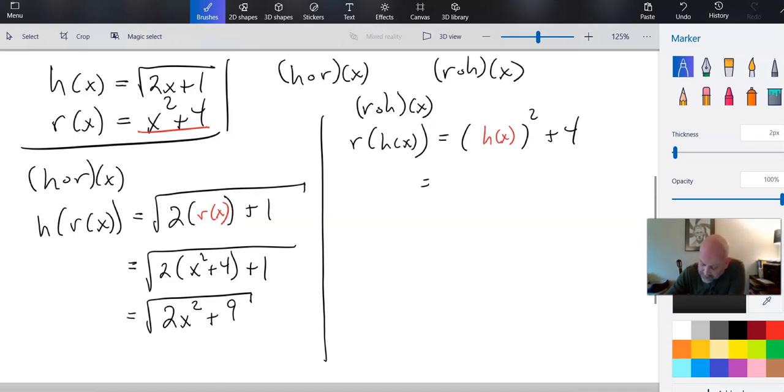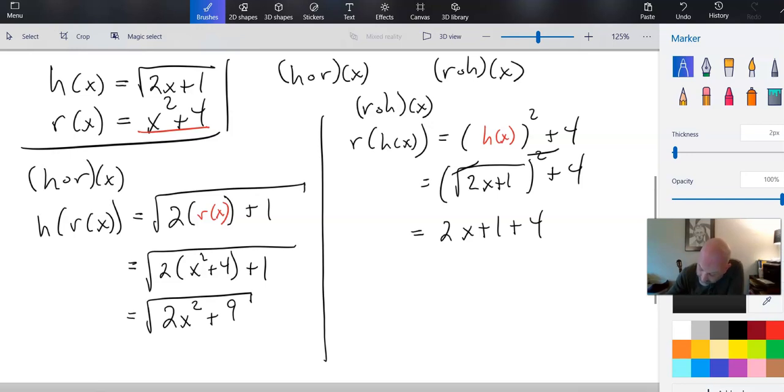We just need to substitute h of x for its expression. So that h of x is the square root of 2x plus 1. And well, if I square a square root, they cancel out. So this is now 2x plus 1 plus 4. So it's 2x plus 5.